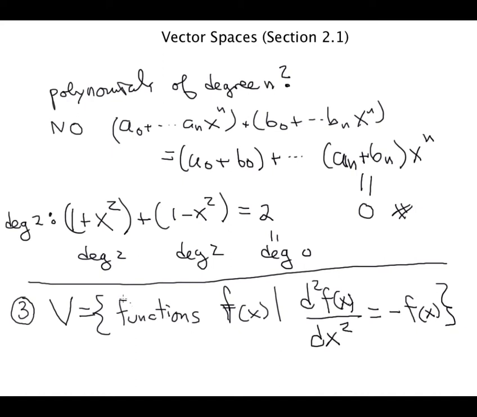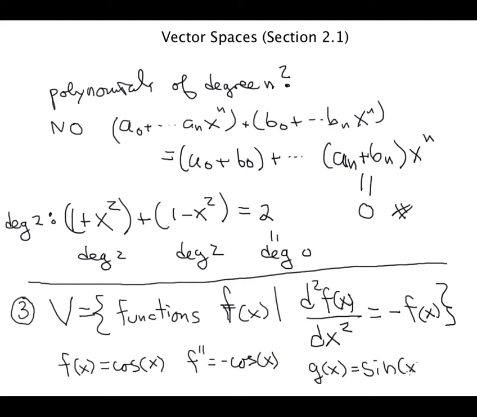So why is this a vector space? Well, can you think of any functions which satisfy this? If you think about it for a minute, I think you'll see that one possibility would be to take f of x equal to cosine of x, because the second derivative of cosine is minus cosine. Another possibility would be to take g of x equal to sine of x, which also has this property.